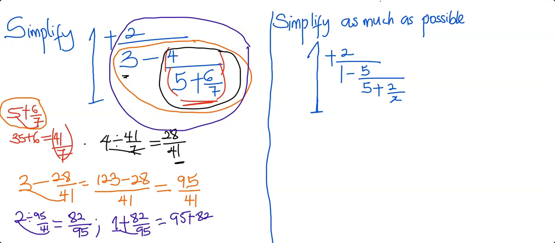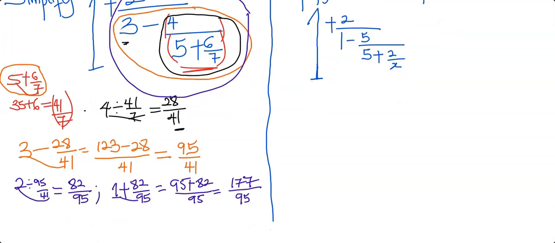When we do this, whatever we get, we're going to divide it by 95. When you break this down, it's going to be 5 plus 2 is going to give us 7, and 9 plus 8 is going to give us 17. So you arrive at 177 over 95.